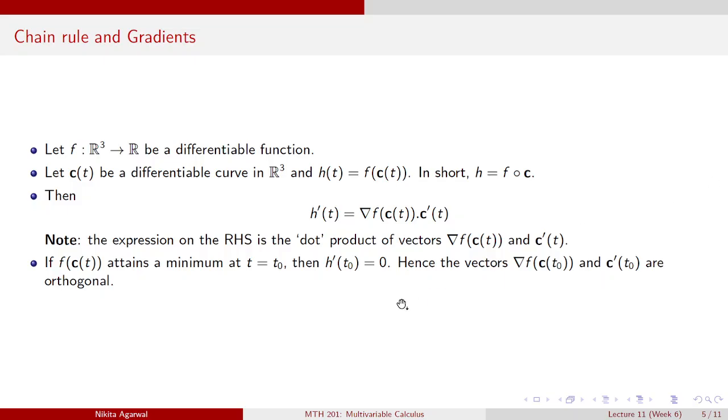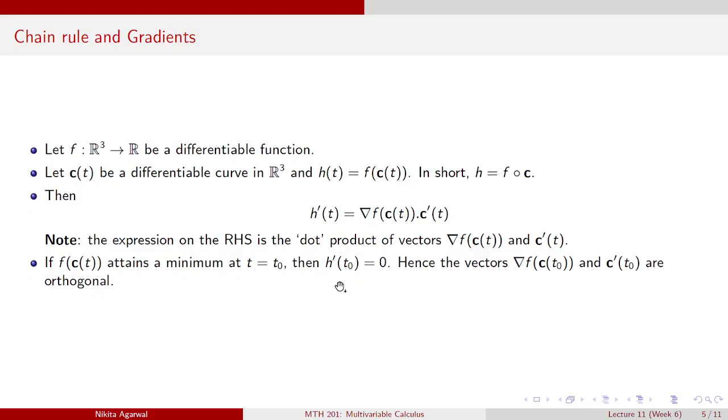So now, if f(c(t)) attains a minimum at t equal to t0, so from one variable we know that if h(t), which is f of c(t), attains a minimum, then the derivative should be 0, right? So therefore at this point derivative should be 0. But what is this derivative?